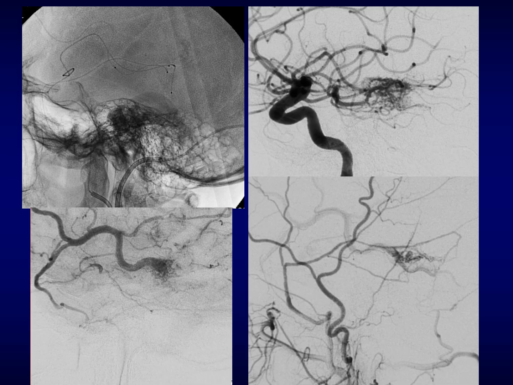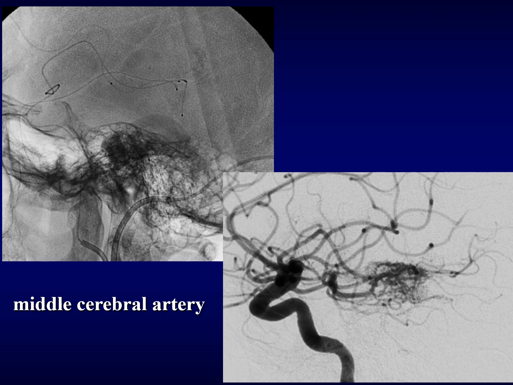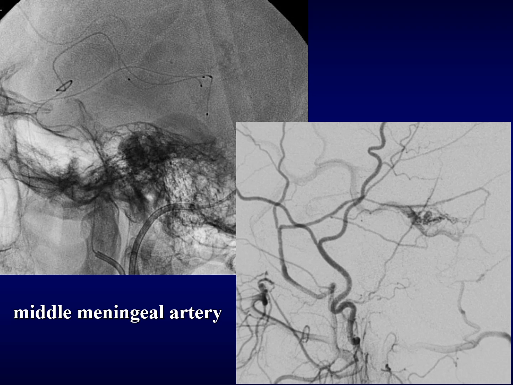Just as an example, here you can see 3 different catheters for this AVM. One catheter is in the middle cerebral artery, this one, which goes along that way. One catheter is in the middle meningeal artery, this one, and that is the corresponding image on the angiogram.